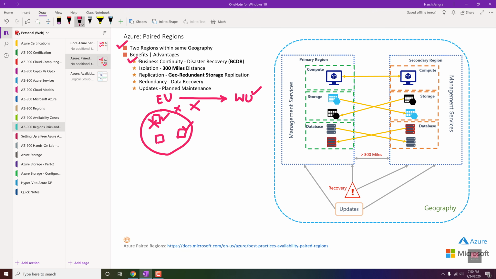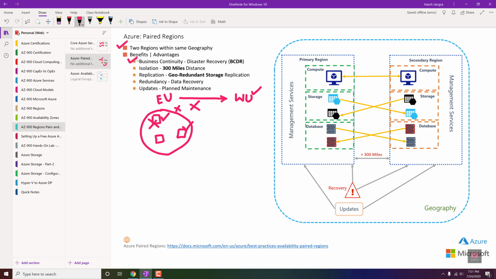Whenever you think about this, I think the paired region would be a great choice, because between the primary region and the secondary region, Microsoft has decided they must have at least 300 miles of difference from each other, so that it is a very efficient way to deploy in a place that far away, because they can think, hey, if anything goes down, definitely an approximate 300 miles area would be enough if anything goes wrong to one particular region.